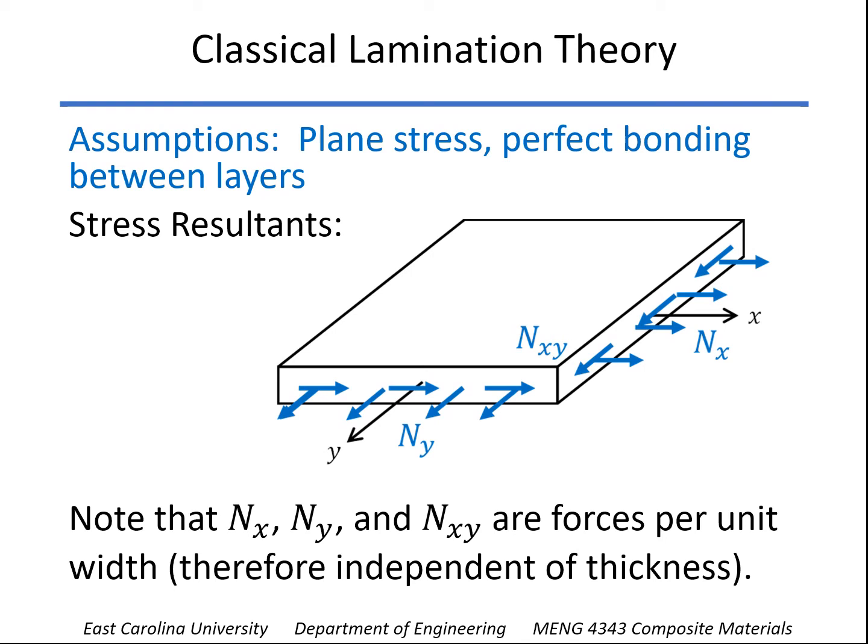Therefore, if you look at, say, a pressure vessel or a plate and you know what the loading is going to be, the NX, NY, NXY are independent of the thickness. So that's your first step of design: if you know what those stress resultants are, then you can work to find the thickness of the laminate that you want to use.